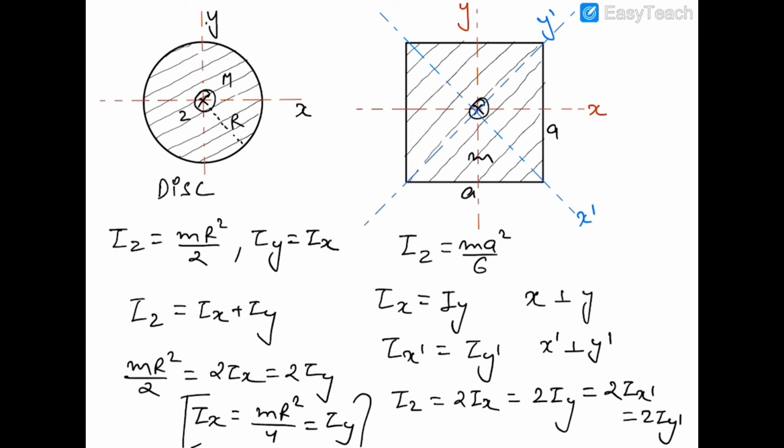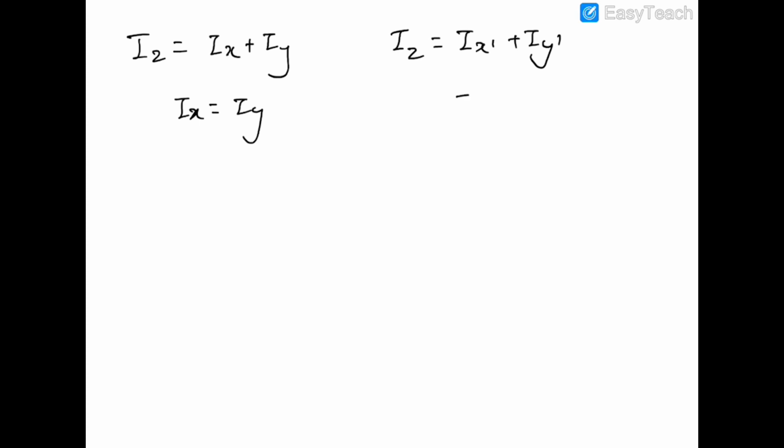because Iz is equal to Ix plus Iy, and Iz is also equal to Ix dash plus Iy dash. And we know that if Ix is equal to Iy and Ix dash is equal to Iy dash, then Iz is equal to twice Ix, and Iz in this case would be equal to twice Ix dash.